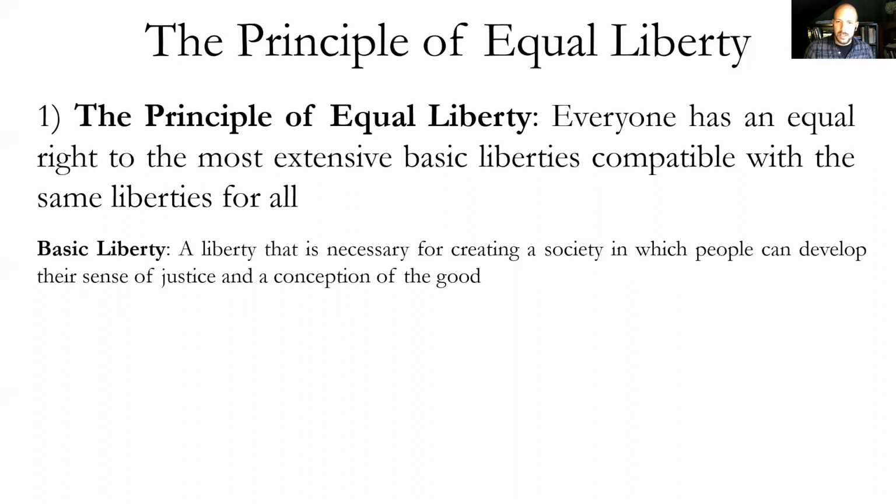So certain liberties are going to be necessary in order for rational agents, persons, to develop themselves as rational agents or persons. That's kind of the idea, right? There are going to be liberties that are necessary not just for bodily survival, but for developing our rational reasoning capacities, our moral capacities in particular, something like that. That's Rawls's technical notion.